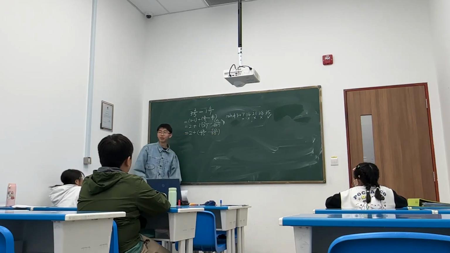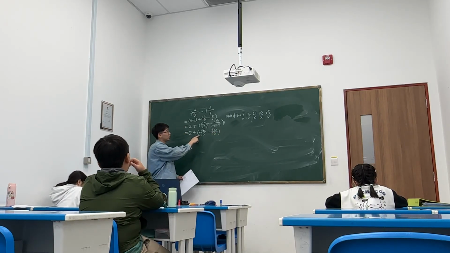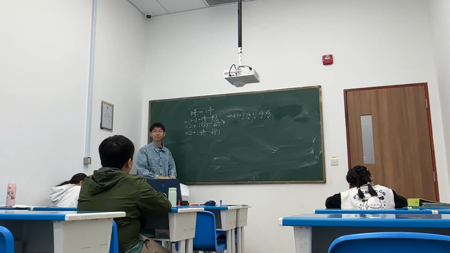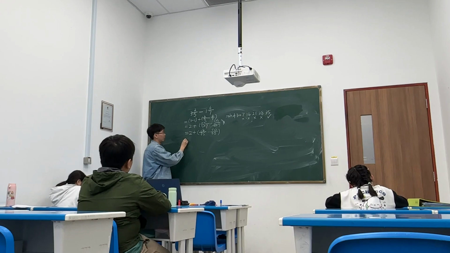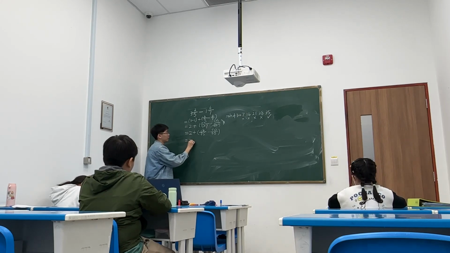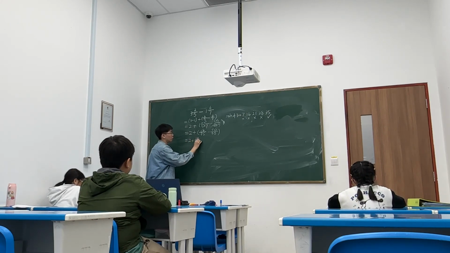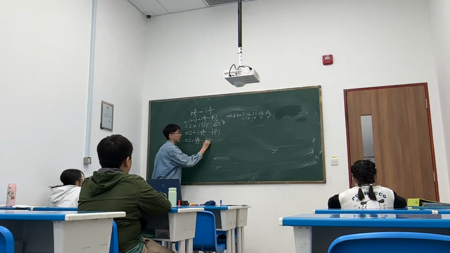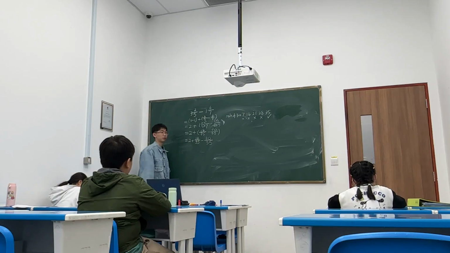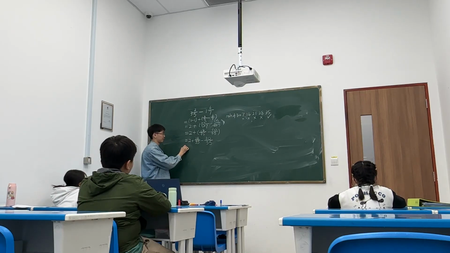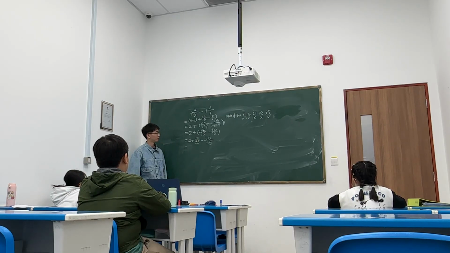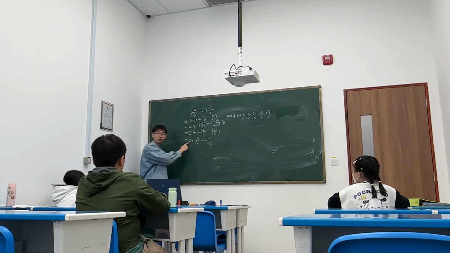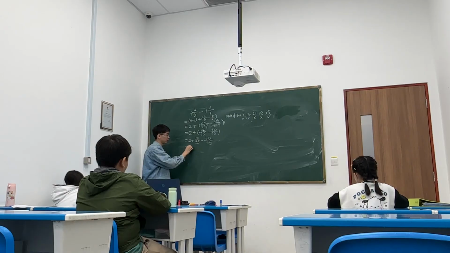And then what should we do now? This one is smaller than the last one. Okay, let me write it down here. 2 plus 14 over 35 and then minus 30 over 35. We can borrow one from 2 here.